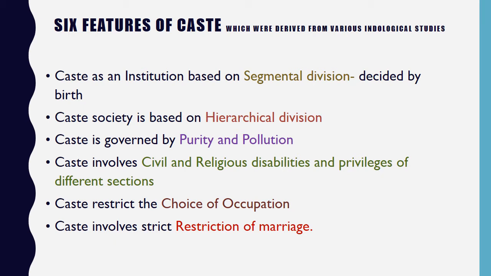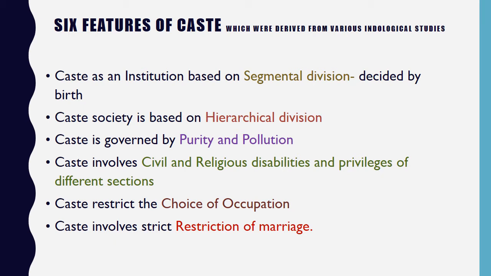Fourth, following the principle of hierarchy in the second point and the social restrictions in the third point, caste also involves differential rights and duties of different castes. Hence, each caste has its own rules and regulations.